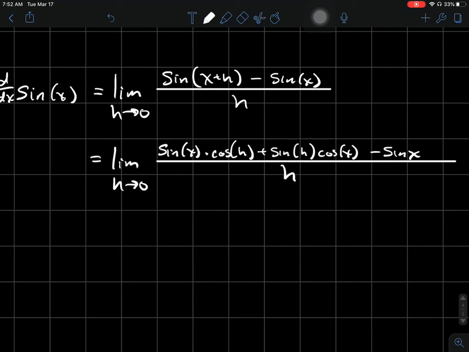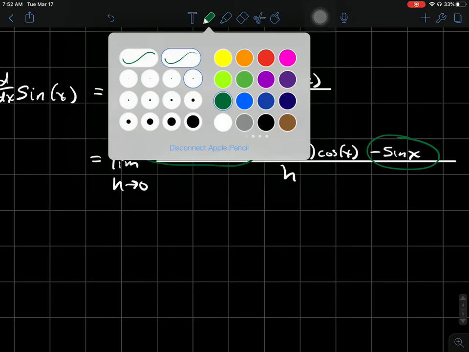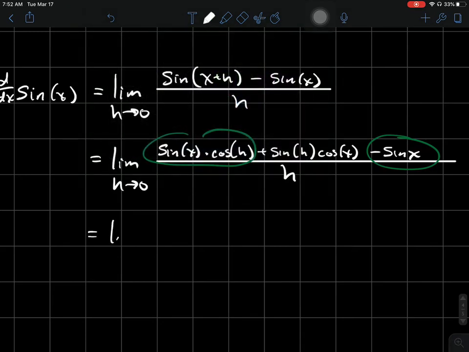See, from here, I can group this term and this term together. So sine of x times cosine of h. The reason I'm grouping these two together is because they have a GCF.